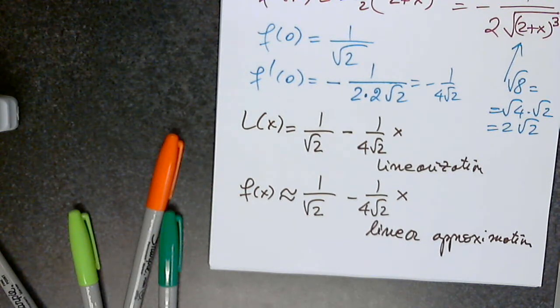One function is 1 divided by the square root. I will put parentheses, 2 plus x.